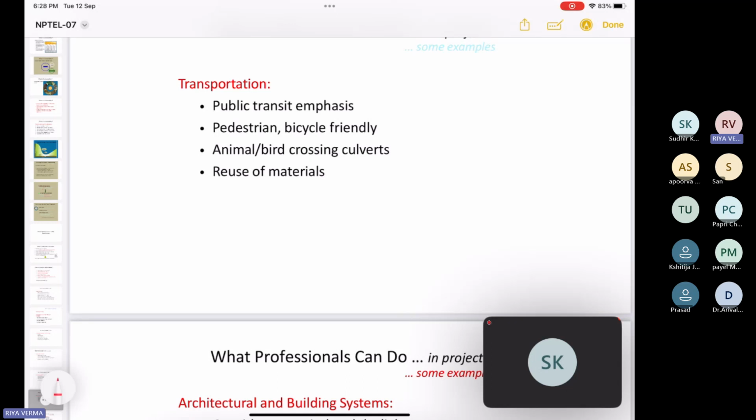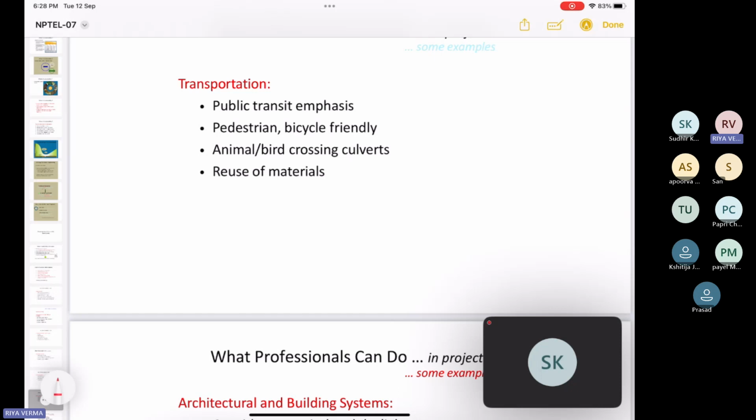What it is creating is a huge load on the roads, and huge emissions are being generated during this process. Due to this, a large amount of air pollution is also being created. So that is why we should try to focus on public transit.